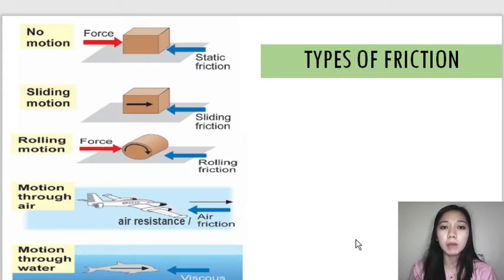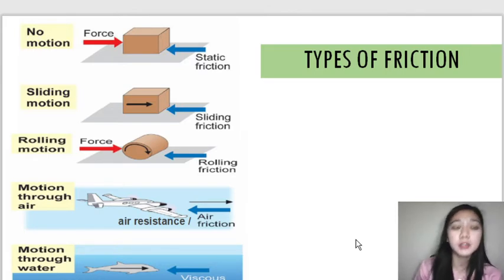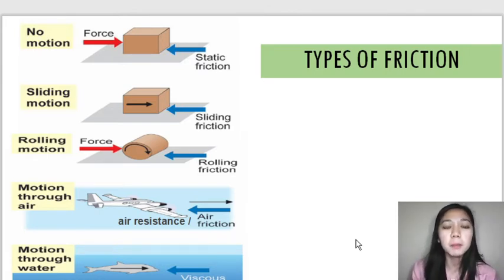Even though na hindi gumagalaw yung box, nakaka-experience pa rin siya ng static friction. Ang nakaka-experience ng static friction ay yung box at ang nag-a-apply ng static friction ay yung surface or yung ground. So, pinipigilan ng ground yung paggalaw ng box towards the right direction by applying a static friction to the left direction.